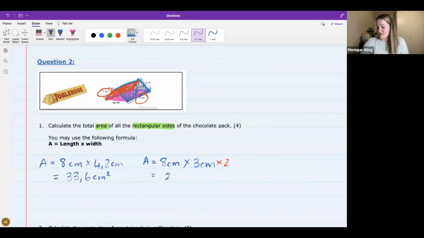That gives me 24 originally, times by 2, which is 48. So therefore, to get my total, 33.6 plus 48.